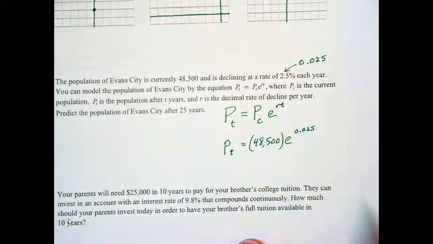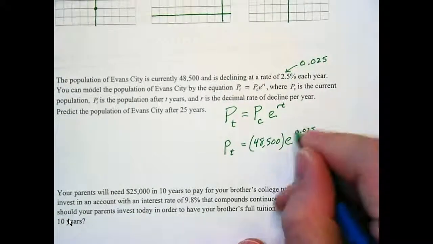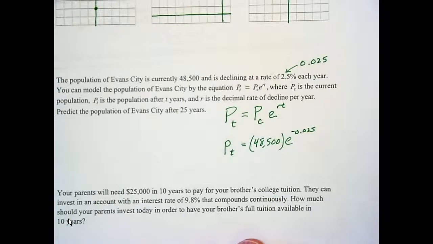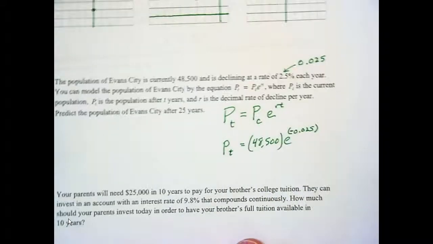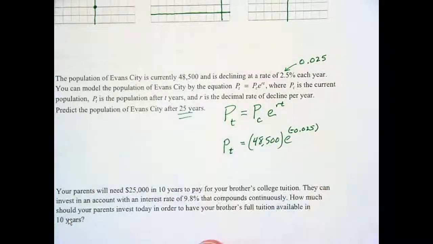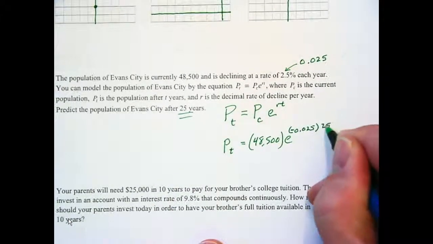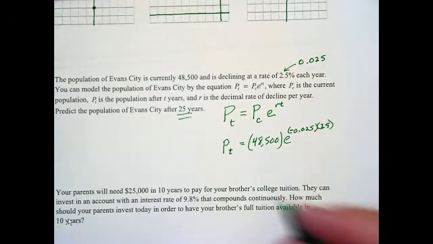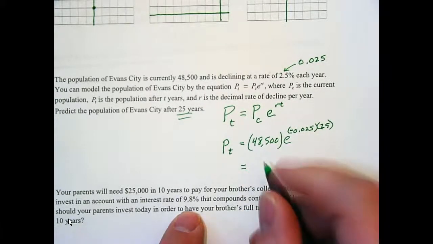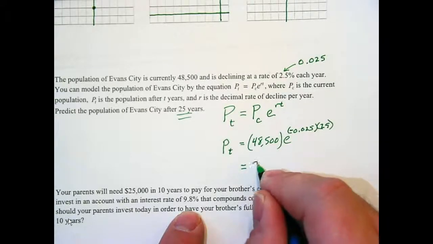What do I need there? A negative, right? It's declining. So our rate is negative, and over a certain number of years, in this case, 25. We multiply it out.